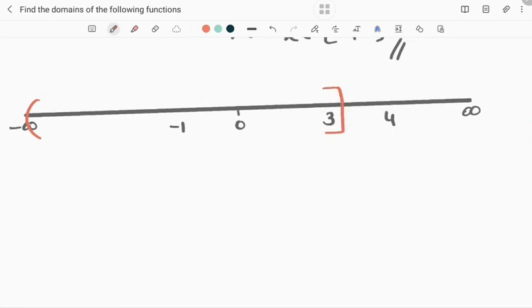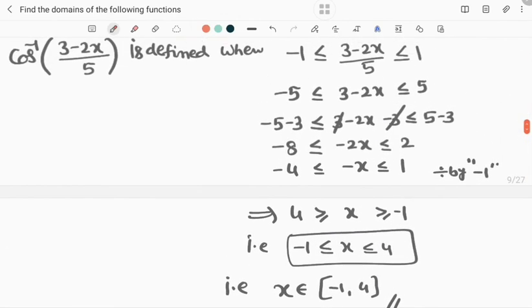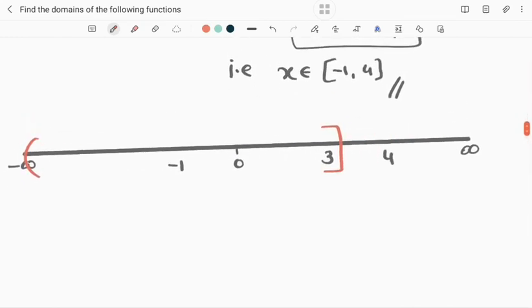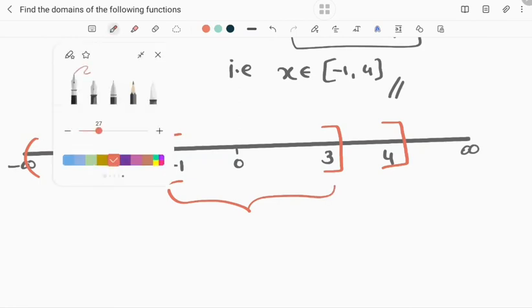What is the second domain? x belongs to closed minus 1 comma 4. What is the common part in this? This is the common part only, no? So the common part is the required answer.